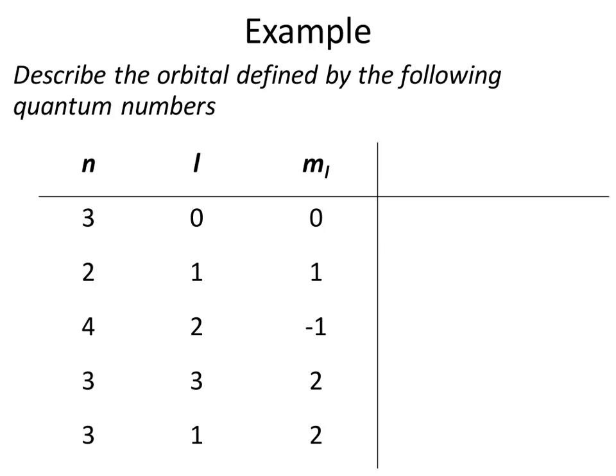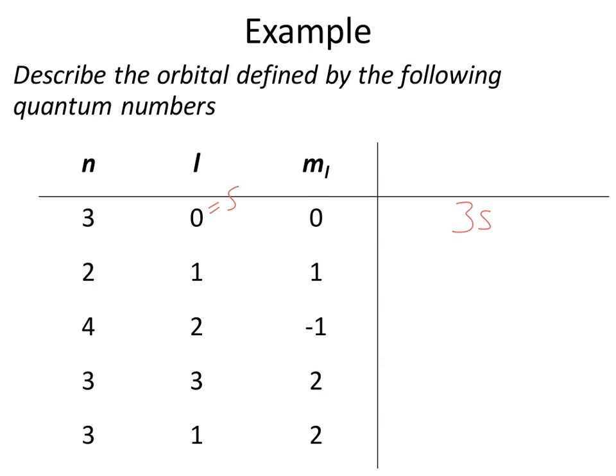Alright, in this case it says describe the orbital defined by the following quantum numbers. So in here, again, our n value tells us our energy level, and so that's going to be 3. Now, 0 will tell us that this is an S, and because it's an S, it's a sphere, so it exists in the X, Y, and Z plane, so it's only going to be 3S.